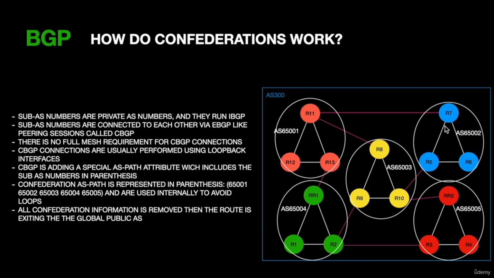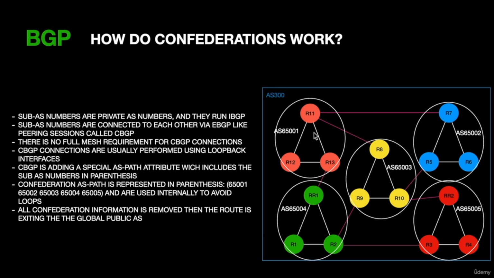Inside this sub-AS, the routers will run IBGP, and for the inter sub-AS communication, EBGP will be used. So basically, all the routes which are learned in this AS will be shared between the other sub-AS numbers.